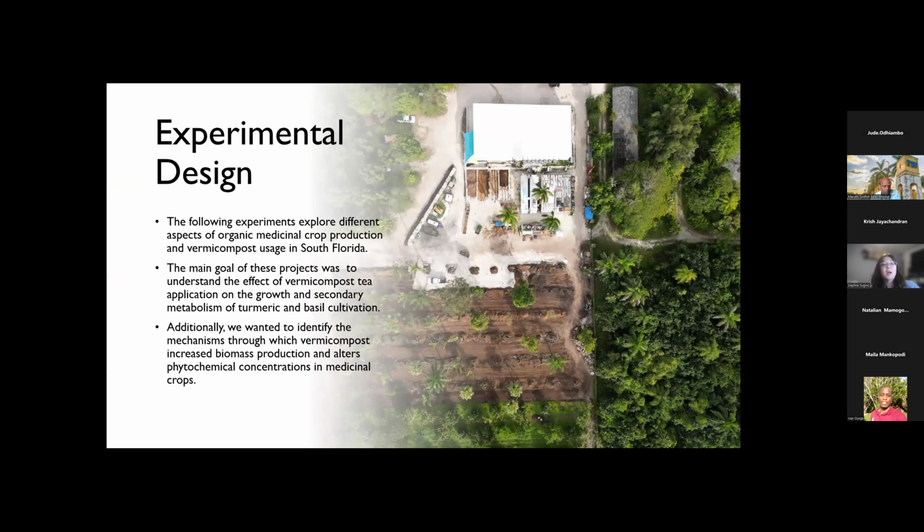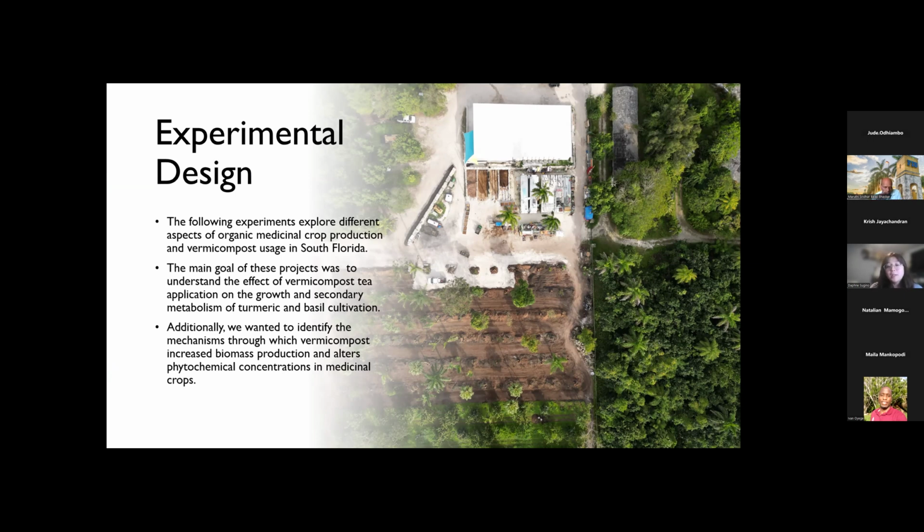So I'm going to talk about, again, as I mentioned before, my two major experiments for my dissertation, and these experiments explore different aspects of organic medicinal crop production and vermicompost usage in South Florida. The main goal of these projects was to understand the effects of vermicompost tea application on the growth and secondary metabolism of turmeric and also basil cultivation.